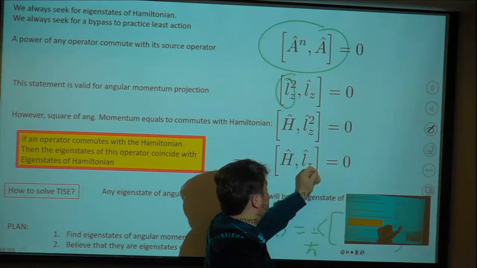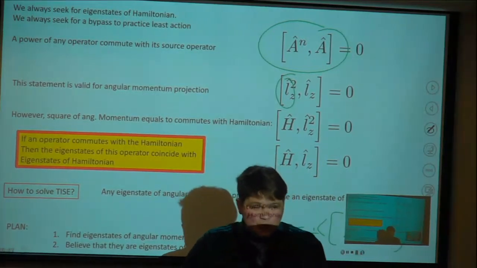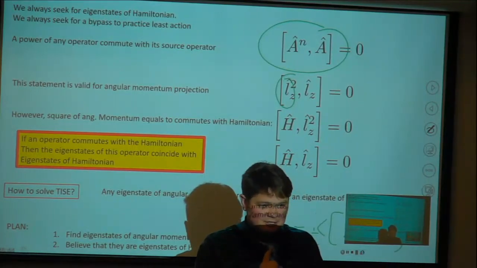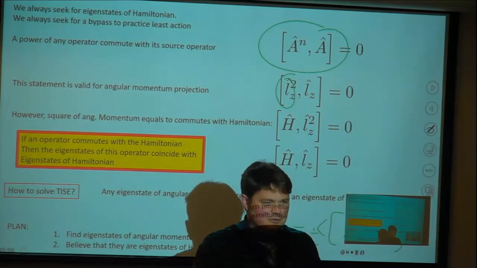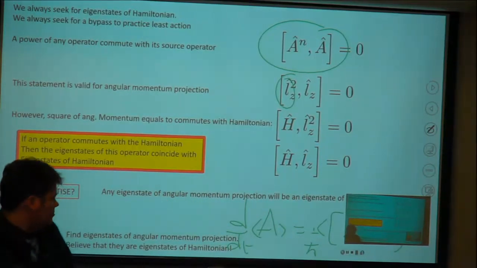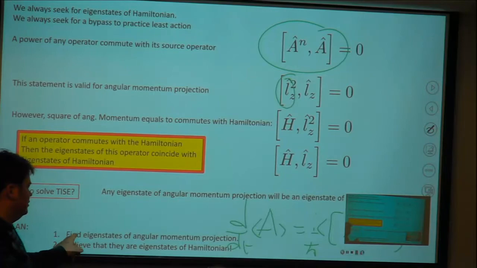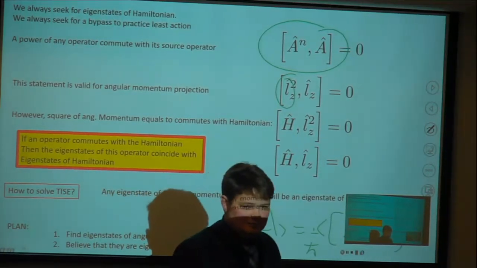Therefore, instead of finding eigenstates of the Hamiltonian, we can find eigenstates of the L_z projection. Instead of playing with the second derivative, we will play with the first one, which is always easier. So here's our plan. We find eigenstates of L_z, and then we will start believing that these eigenstates are also eigenstates of the Hamiltonian.